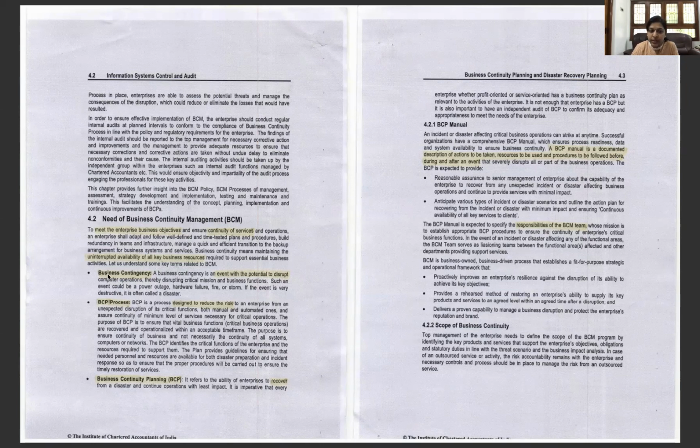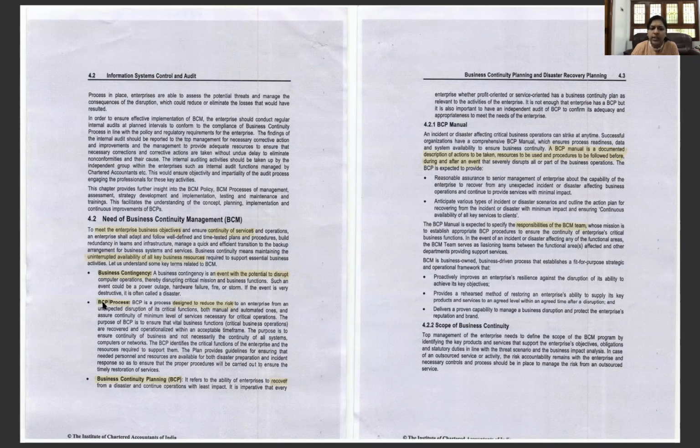One is business contingency. So what is a business contingency? A business contingency is an event with the potential to disrupt the computer operations.